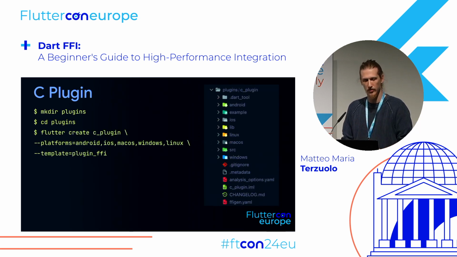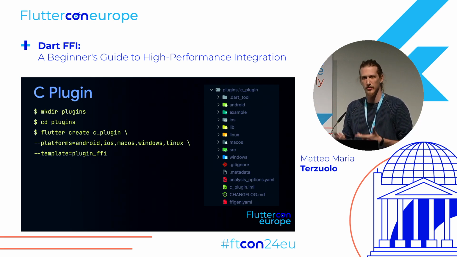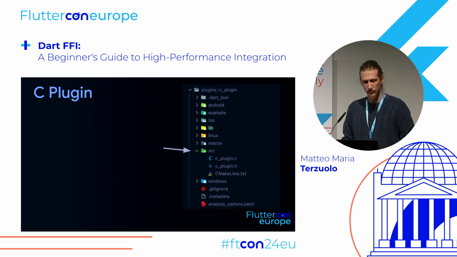So I created the folder, and then I created the first plugin. As you can see, I listed all those platforms, but that's not needed. You just need to add the platforms that you need to deploy your app to. And then there's the template plugin FFI flag, which is a built-in template in the flutter create command to just create the boilerplate for your FFI plugin.